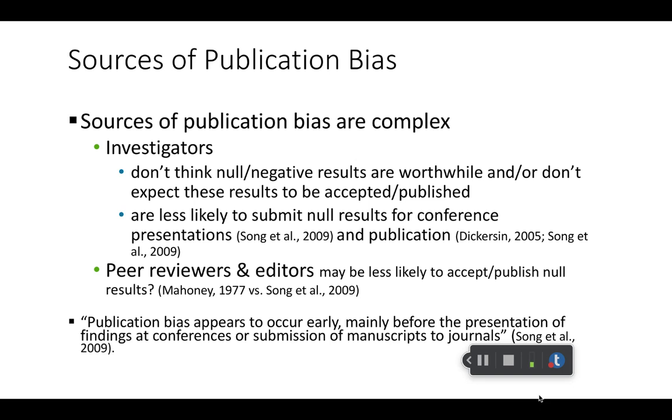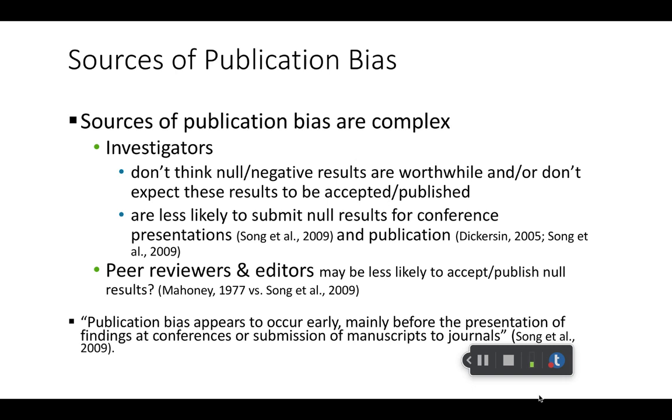Peer reviewers and editors may be less likely to accept or publish null results, but there is some contradictory evidence on that. Mahoney found evidence of journal publication bias in the late 1970s, but more recent studies have shown that that's really minor compared to the problems of publication bias at the investigator or researcher level.